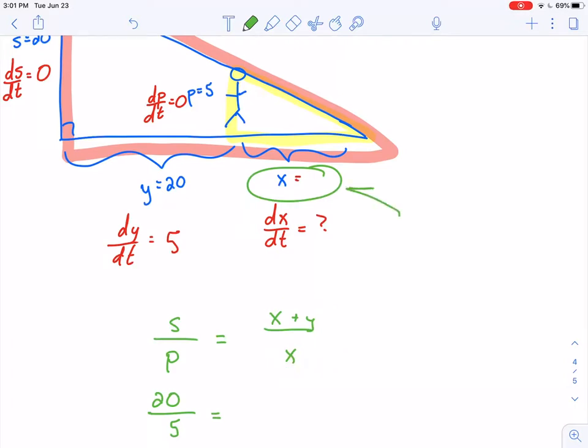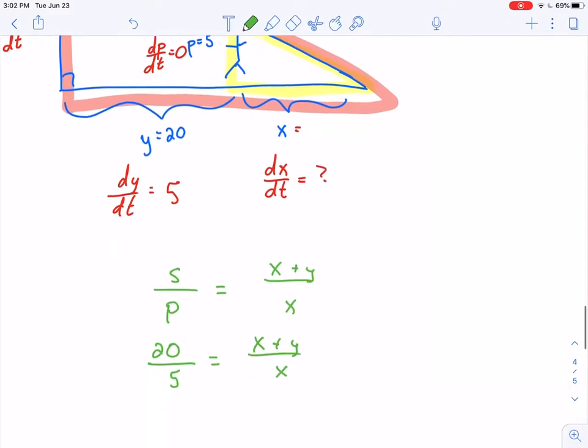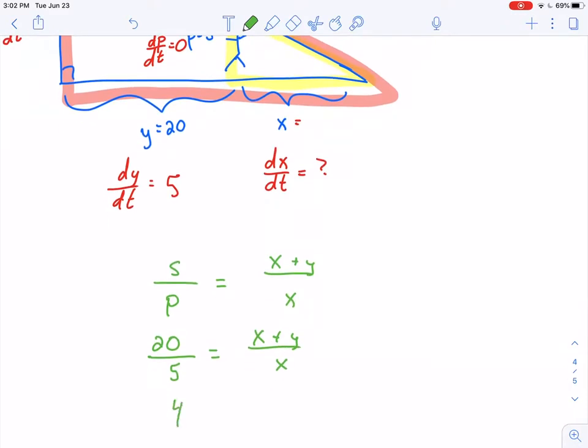I can't do that for x because then I would be assuming that dx dt is equal to 0, and I don't know that. That's what I'm trying to find out. And I can't do that for y because dy dt is not 0. dy dt is 5, so I can't just plug 20 in for y yet. I need to wait until I take the derivative. So 20 over 5, that's really 4, equals x plus y over x.